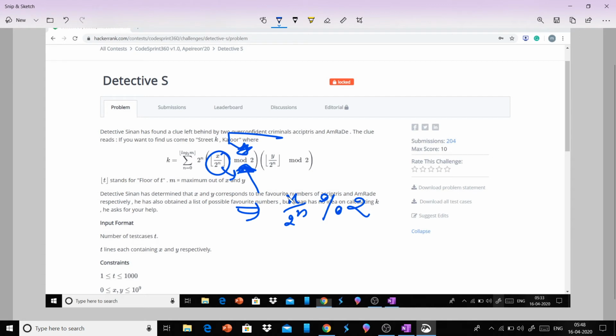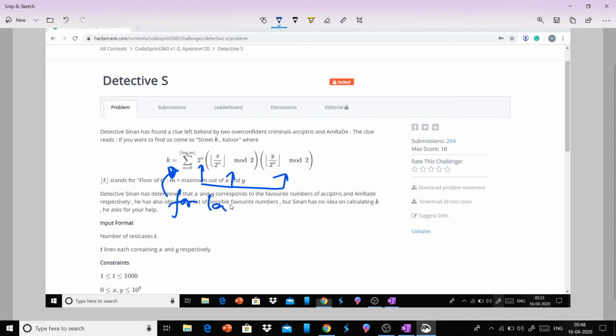And similarly, in this case, we need to replace x by y. Then we will multiply all these three terms and then add them using a for loop. This is the whole thing we require to do in this question.